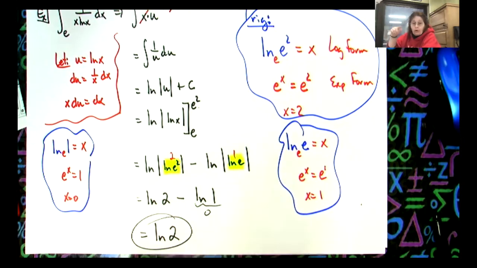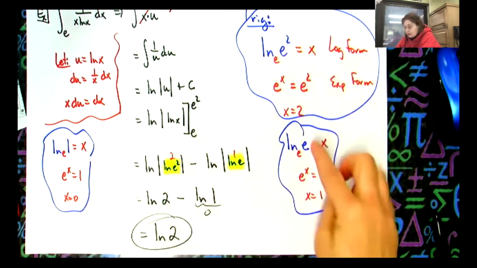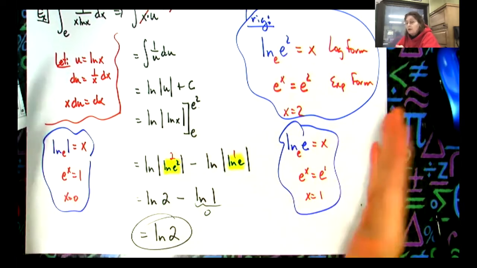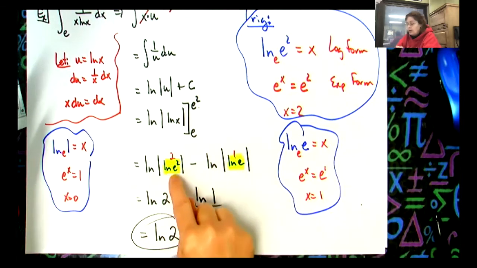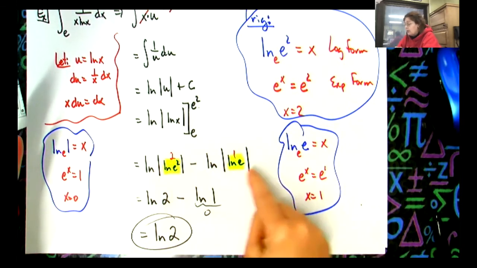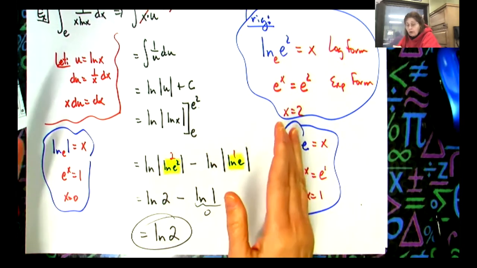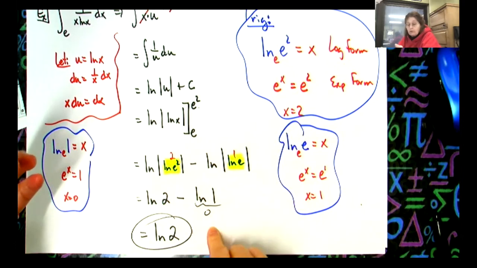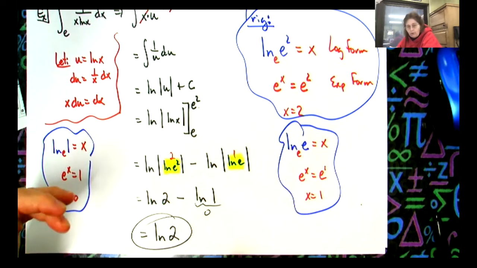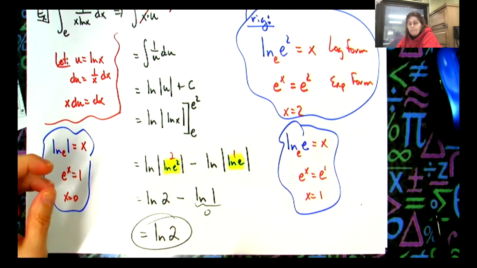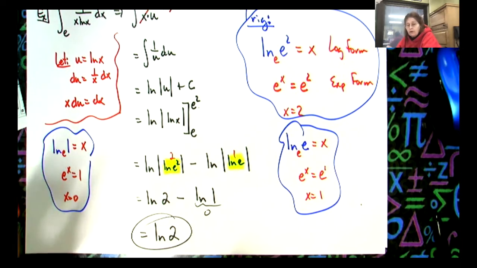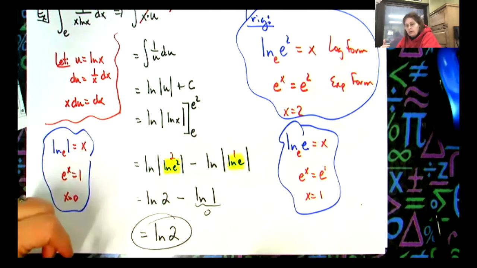I want to encourage you to try to think about it first, see if you can figure out what they are, and then you do enough of these, you'll have it memorized. Anytime you have e to some exponent, it's going to be the exponent. Anytime you have natural log of e, it's going to be 1. Anytime you have natural log of 1, it's going to be 0. You will get to where you have them memorized, but right now you probably don't. So don't rely too heavily on that calculator, because then you're not going to be able to do it if I take the calculator away from you.